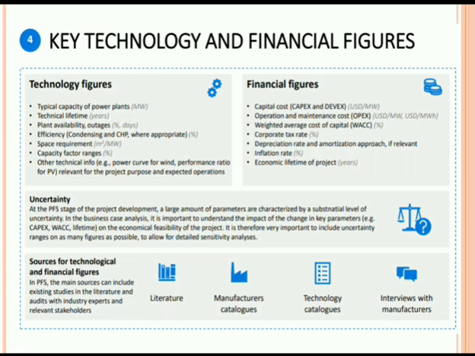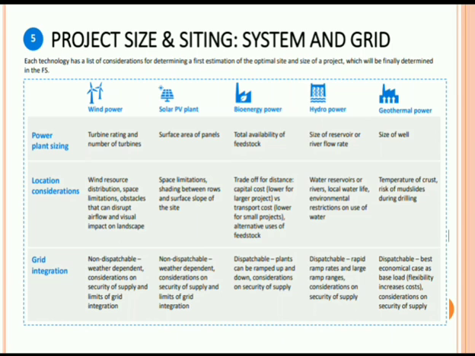The main sources for the technical and financial figures include existing studies in the literature and audits with industry experts and relevant stakeholders. Means whoever has done projects on that particular topic, we can see the research work done by different people, study that material and see all the technological and financial figures. The next step is project size and setting.